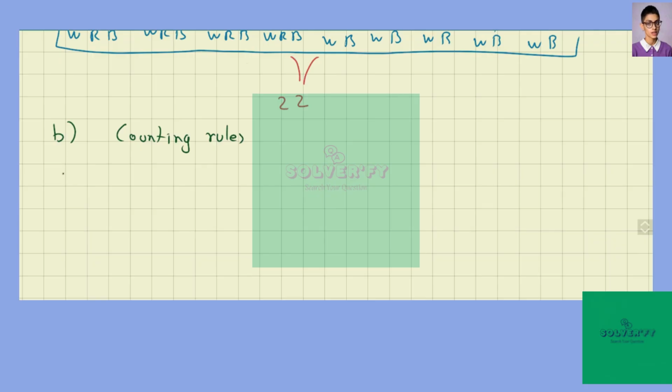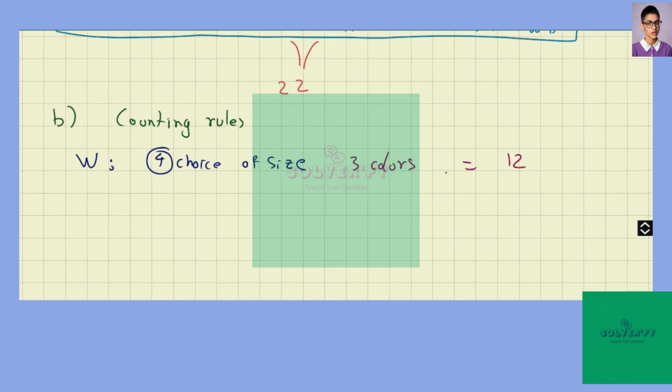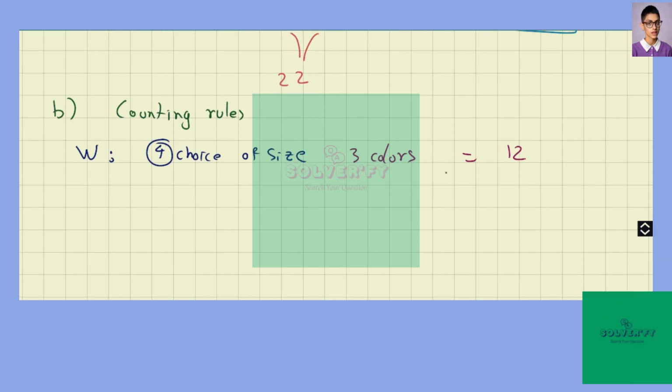I think it's easier because for each woman we have four choices of size, and for each choice of size we have three colors, right? So that means that in total we have 12 possible choices of size and colors for women.